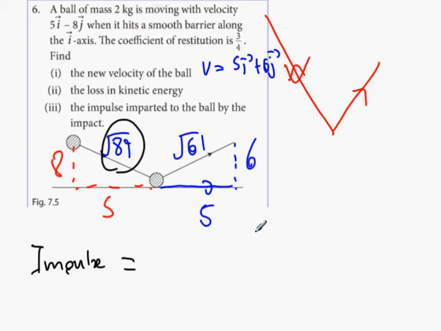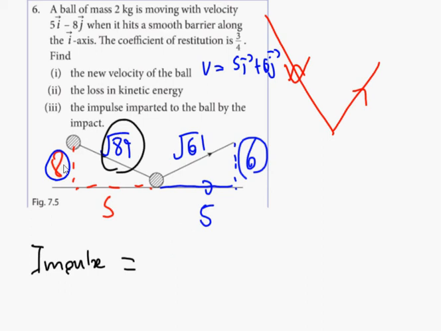Impulse, okay? What we're going to do is focus on the part that the velocity changed on. If you look at the part the velocity changed on, what is it? It's going to be mass by velocity.